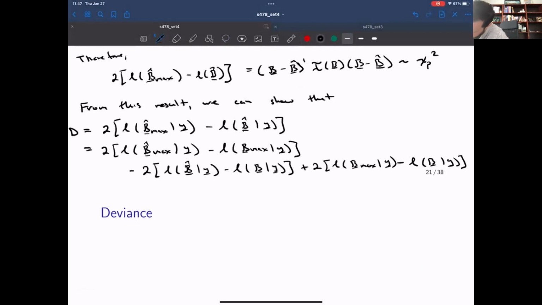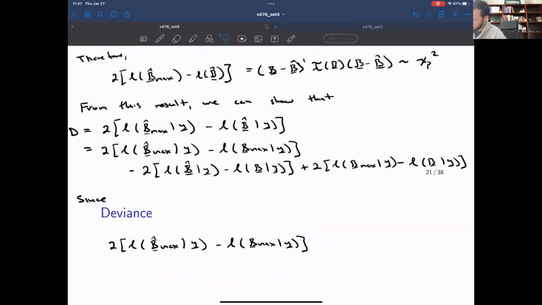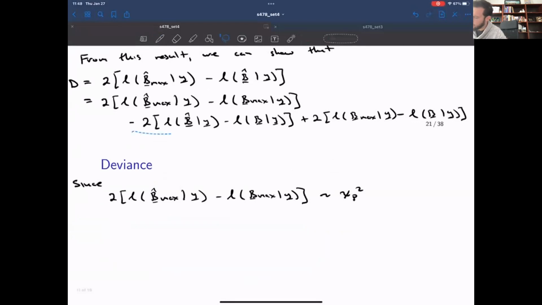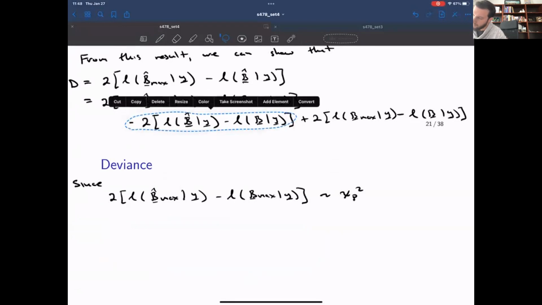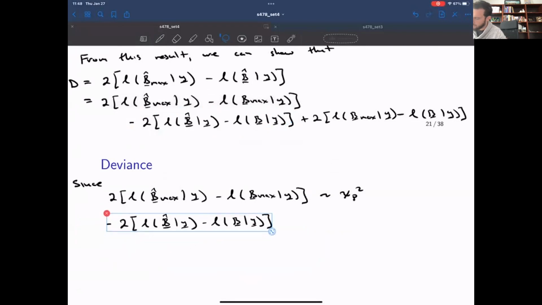So since the first term will be chi-square p, the second term will be chi-square m.